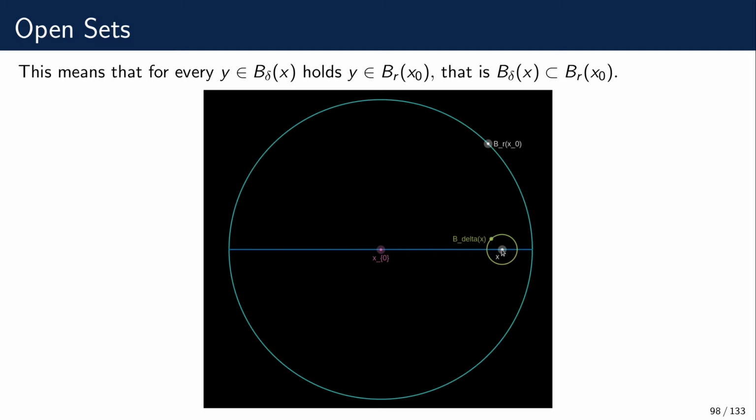So for any x here, I can look at the distance from x to the edge. This distance is positive. So I can find an even smaller ball around x that is entirely contained in this open ball. And I can do it for every point in this open ball.